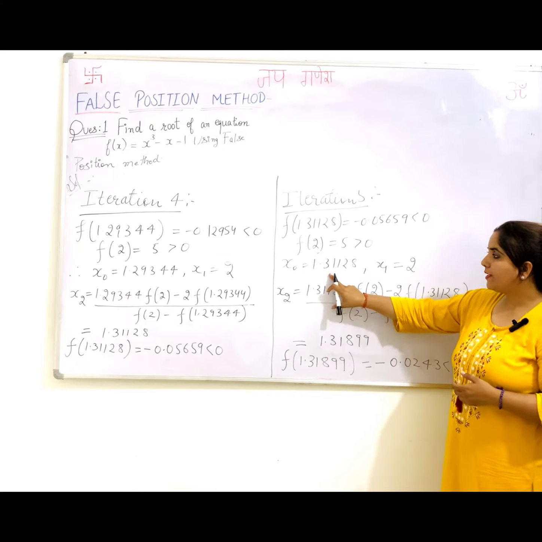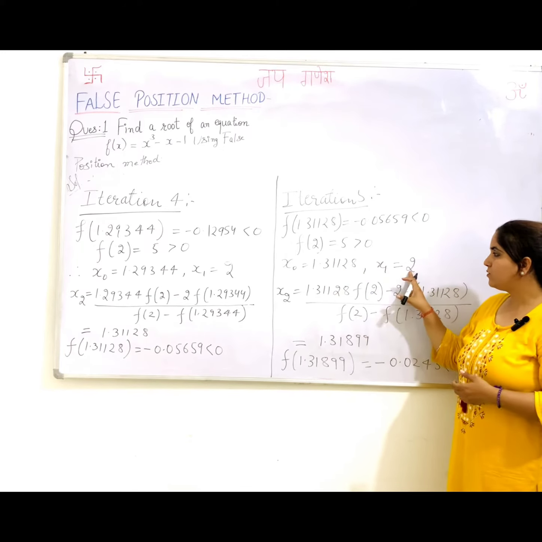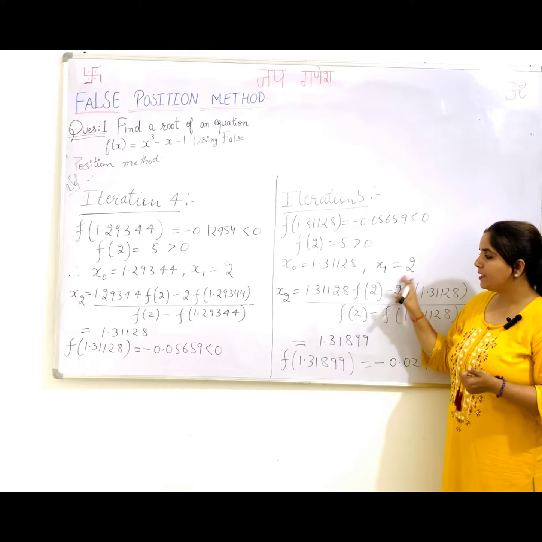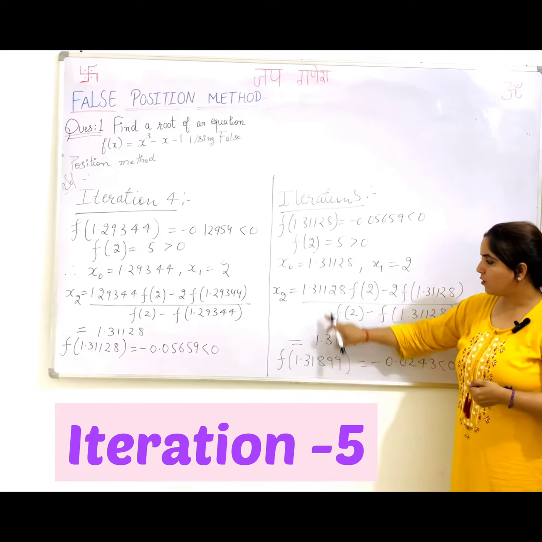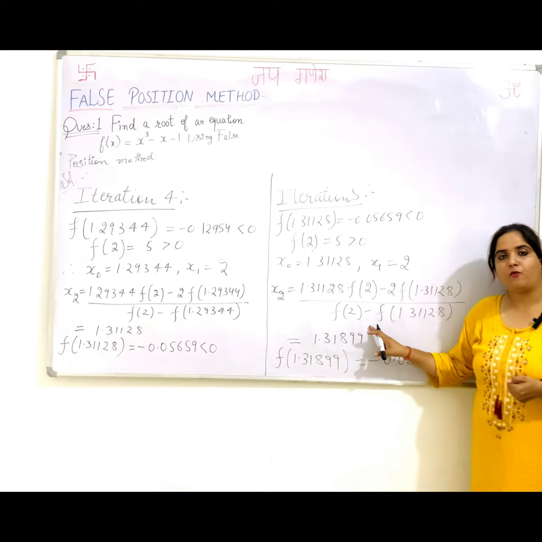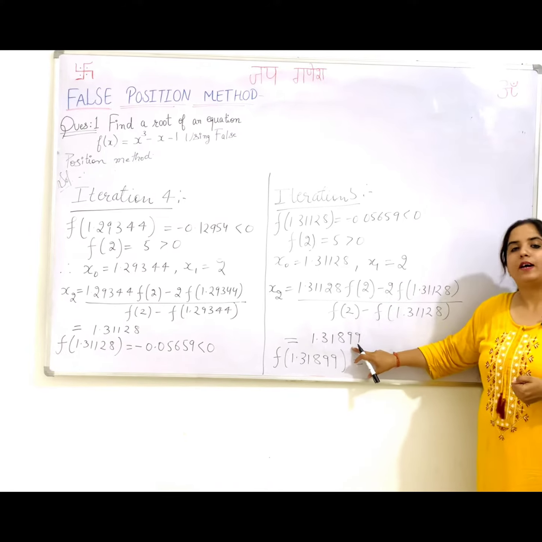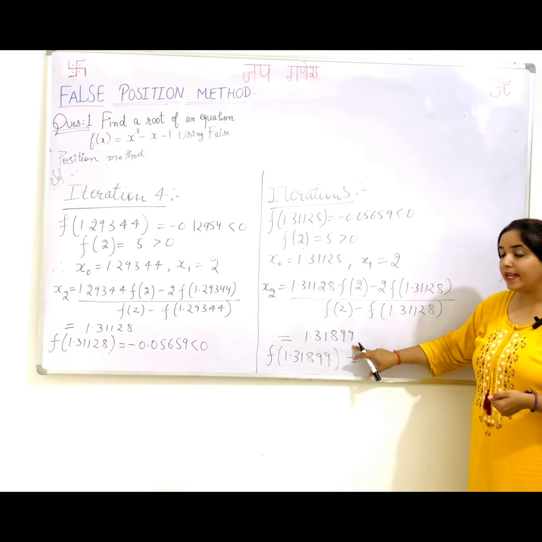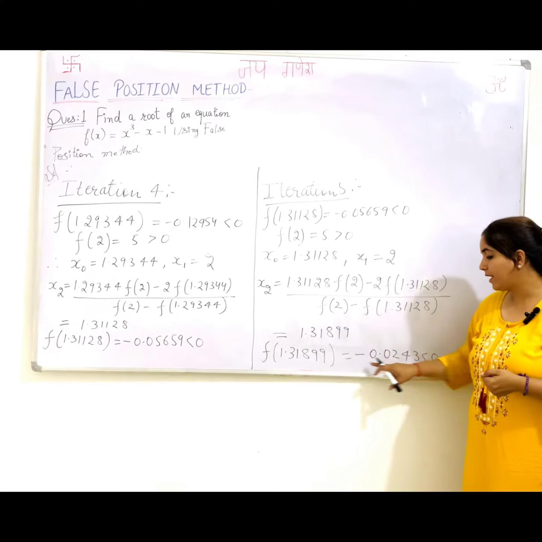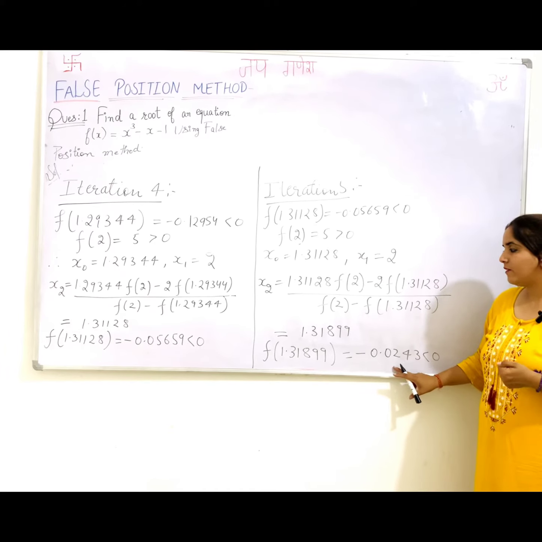So 1.3118 and 2 will be a new combination for new value of x2. After solving the formula of false position method, we have 1.31899. So 1.31899 again will be substituted in the given equation. We are again getting negative answer.